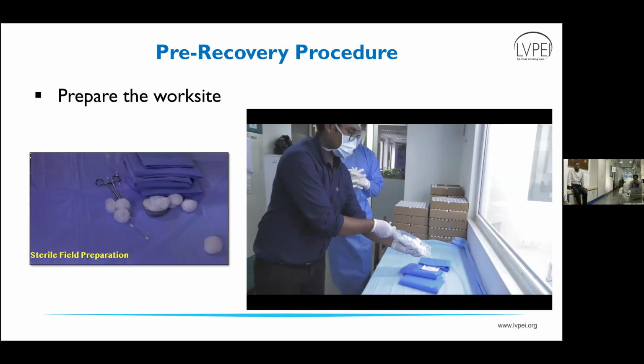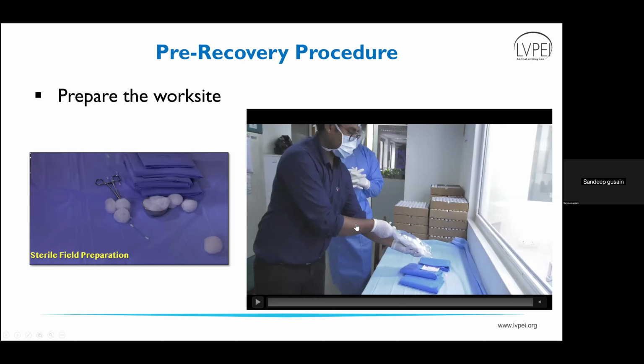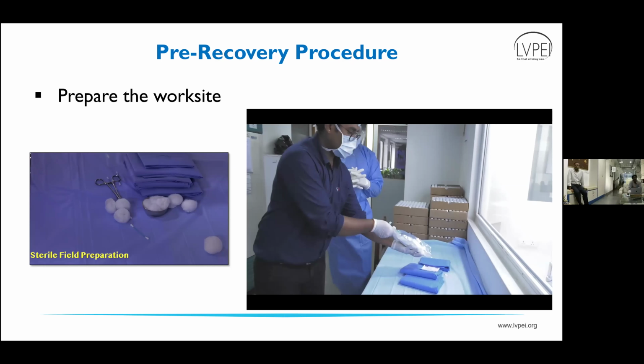Then we have to throw all the disposable or sterile linen on the field, and all the required sterile surgical gloves, sterile cotton balls, and sterile mugs to take the povidone and saline. There is also a sponge holder you can see in the picture. That is also required. All these materials need to be dropped on the sterile field prior to going for the aseptic procedure.